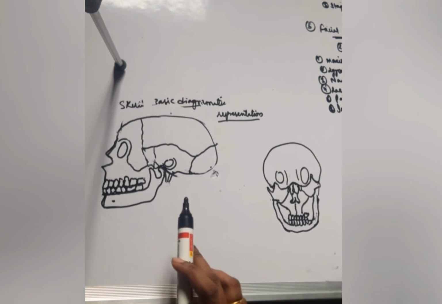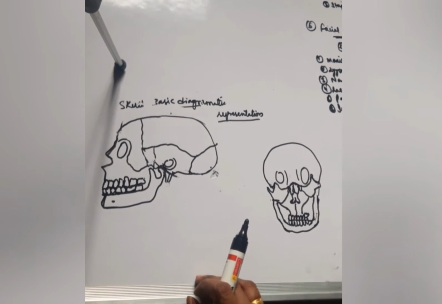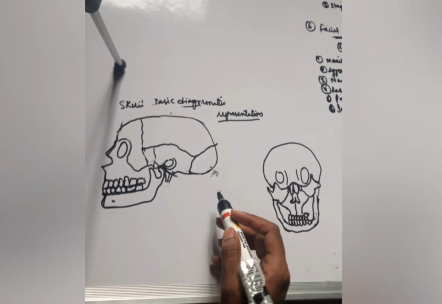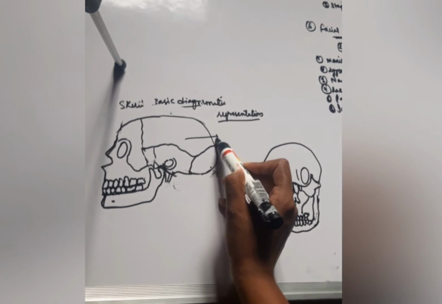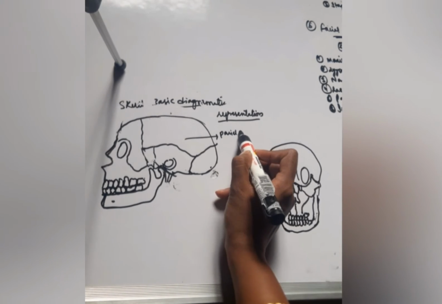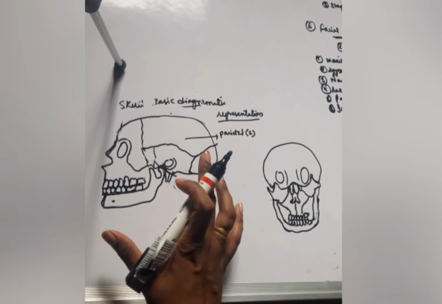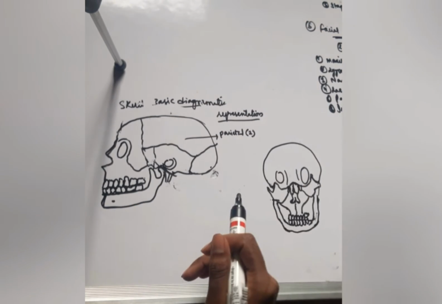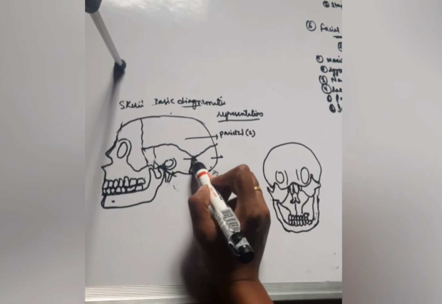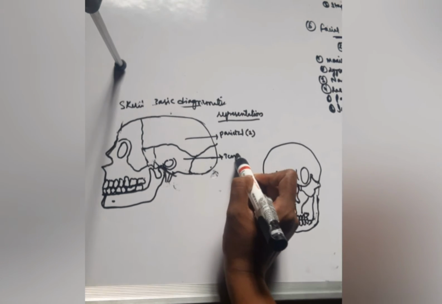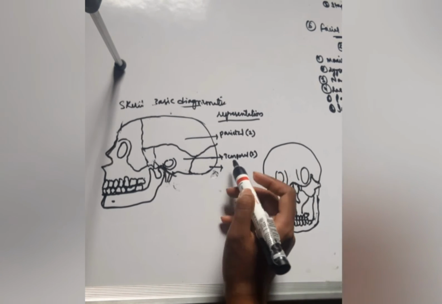Now let us see the bones of the skull in a diagrammatic representation. Okay. Coming to the cranium, it has 14 bones, of which 5 are paired and 4 are unpaired. And the paired bones are, this is the parietal bone, which is a paired bone, one on each side. We are seeing from the lateral side only on one side. So from the other side we have one more parietal bone, and this is the temporal bone, one on each side, and this is the single bone, occipital bone.